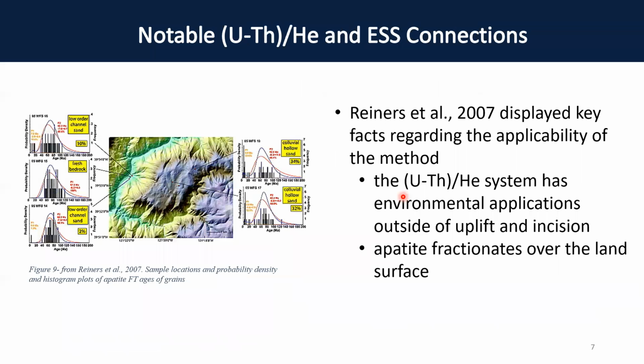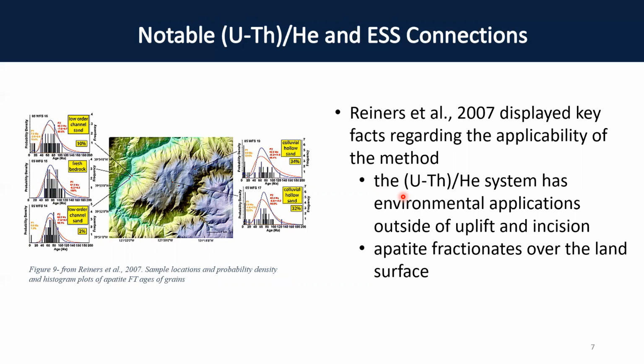So, some notable uranium, thorium, helium and Earth system science connections. Rayners et al. 2007 was one of the best papers that I found. They basically displayed these key facts regarding the applicability of the method. One was that the uranium, thorium, helium system does have environmental applications outside of uplift and incision. They also found that apatite fractionates over the land surface. This work mostly focused on wildfires and wildfire reheating or resetting of apatite grains.